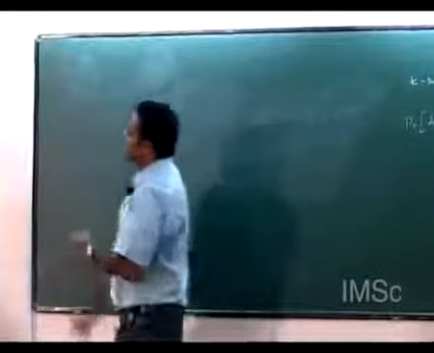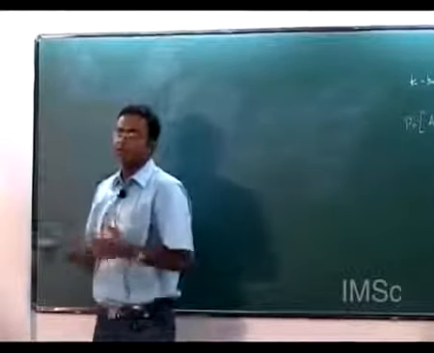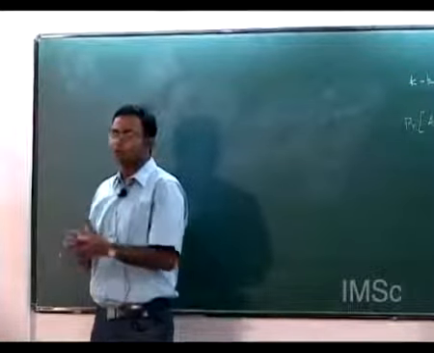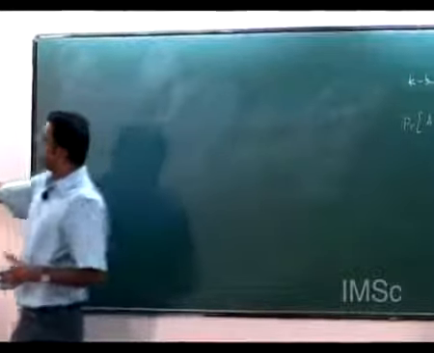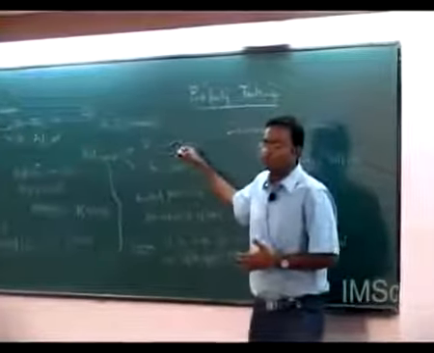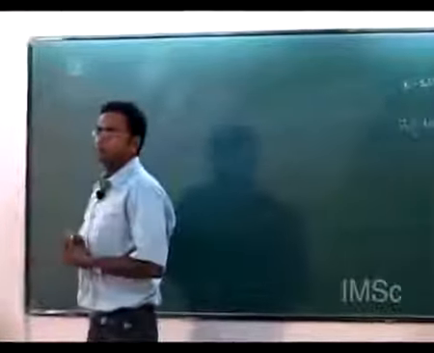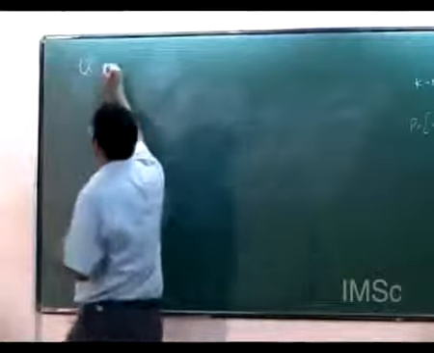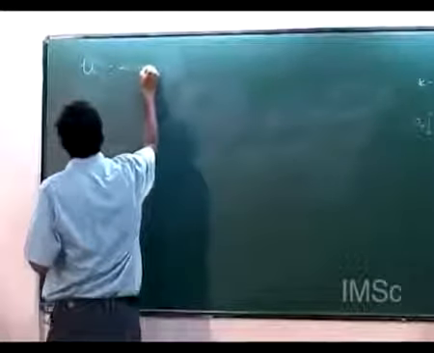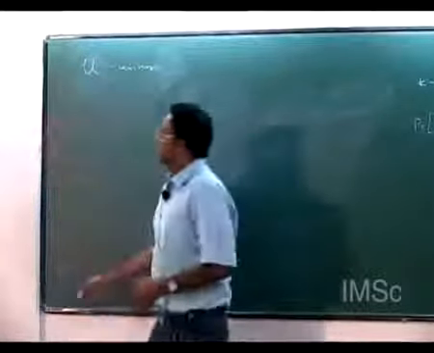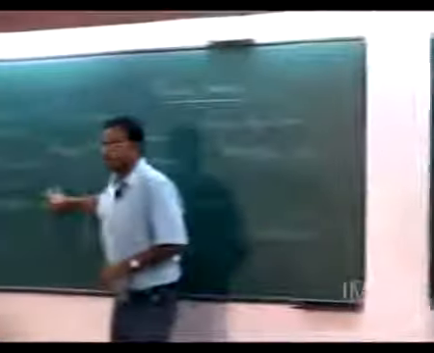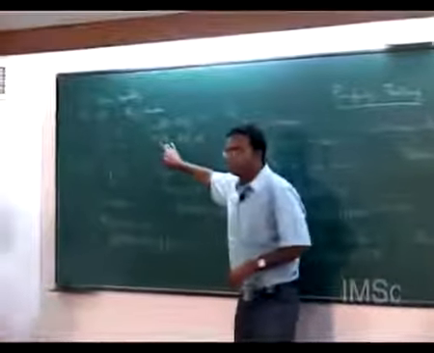So why is it called property? You can understand why. Property is basically because we are testing whether some input has something. The other way of defining it is that I have a universe U. This universe can be anything: in this case, all graphs; in this case, all functions; in this case, all distributions.